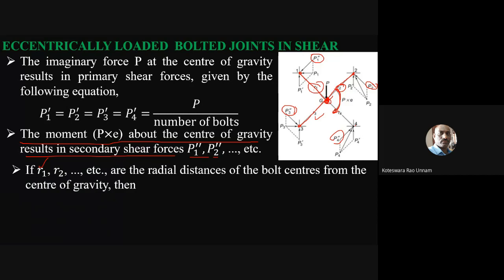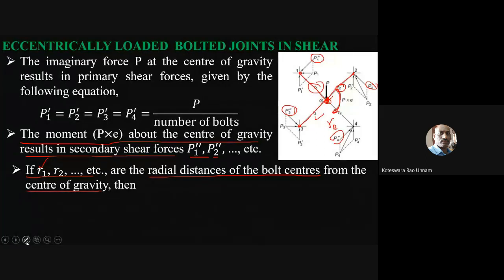Like that, the distance between center of bolt to the center of gravity, we'll call it as Ri, where i is again 1 to n. If it is first bolt, R1, second bolt R2, third bolt R3, fourth bolt R4, like that, and so on. N number of bolts. If it is nth bolt, Rn. So like that, we'll take the distances. R1 and R2 and so on are the radial distances of the bolt centers from the center of gravity.